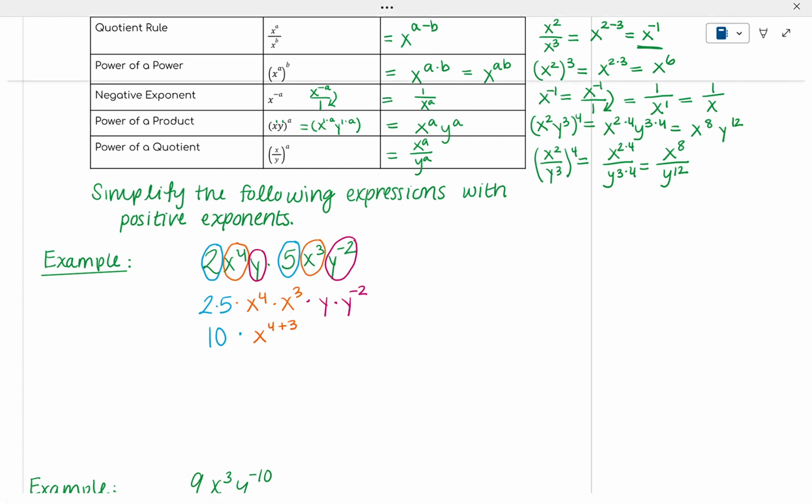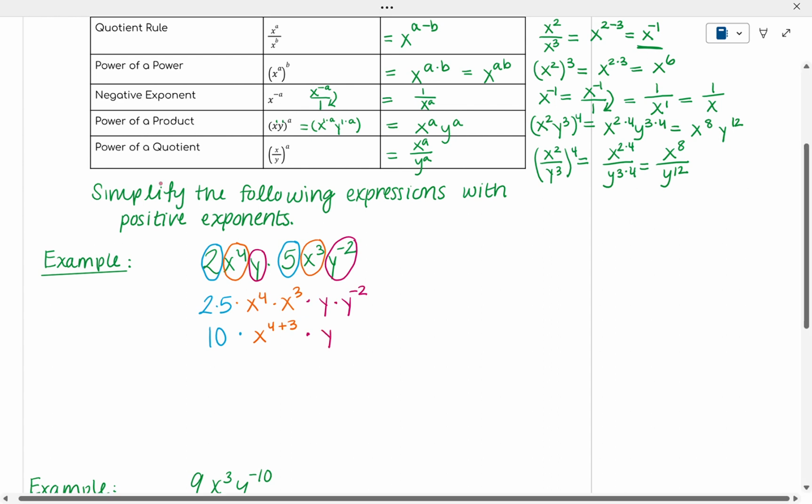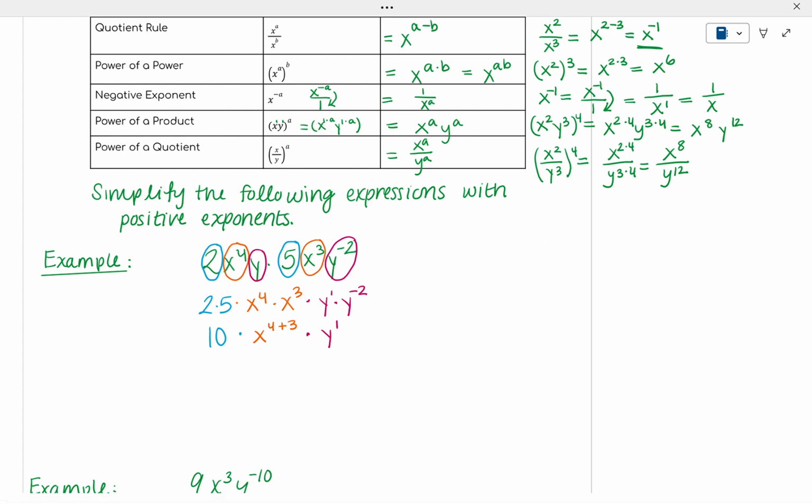And same for y, we're using the product rule. Y to the, this is technically 1, so 1 plus negative 2.